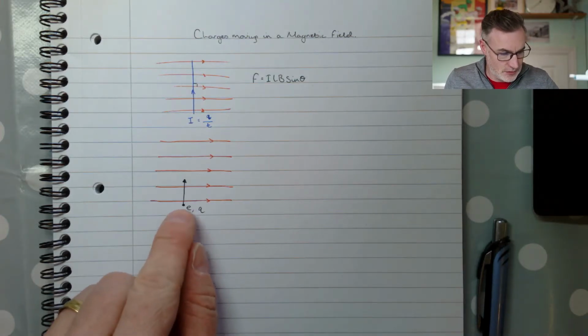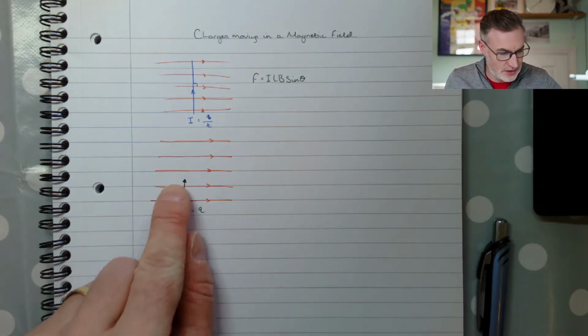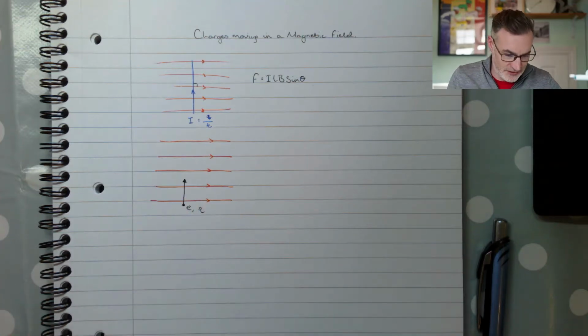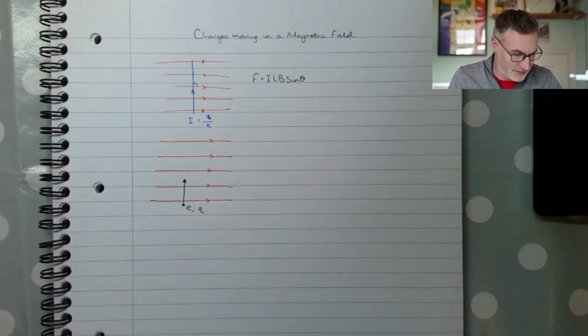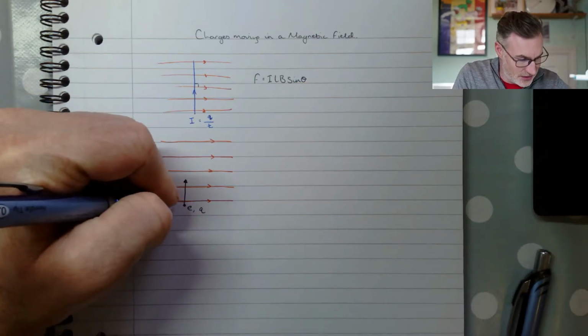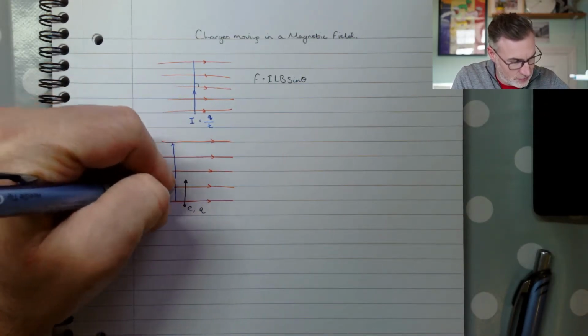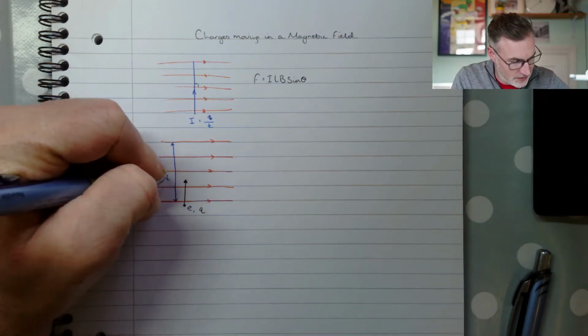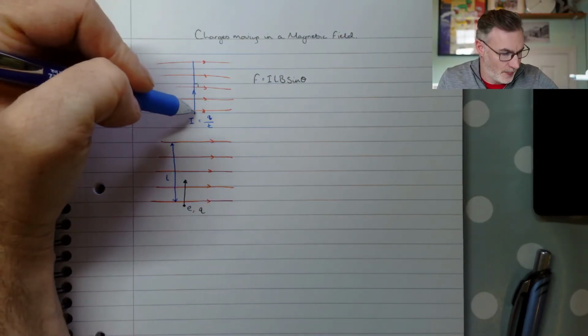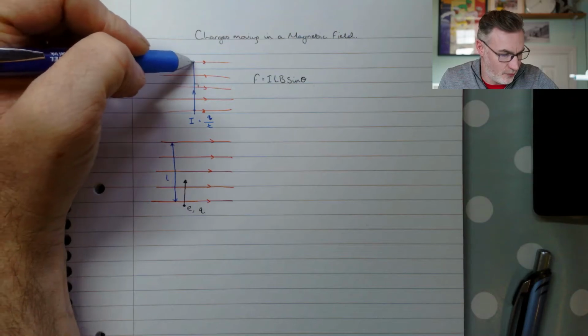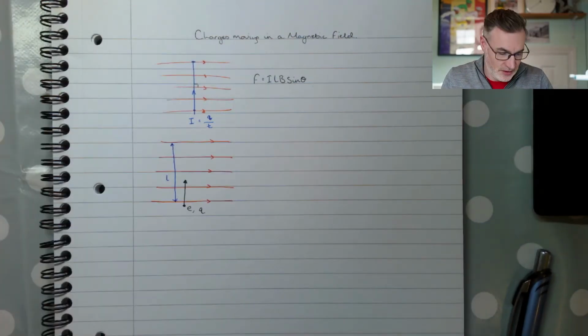And so with an individual electron, if it travels a distance L through the magnetic field, just as we had the length of wire within the magnetic field, then we'll have the same formula.